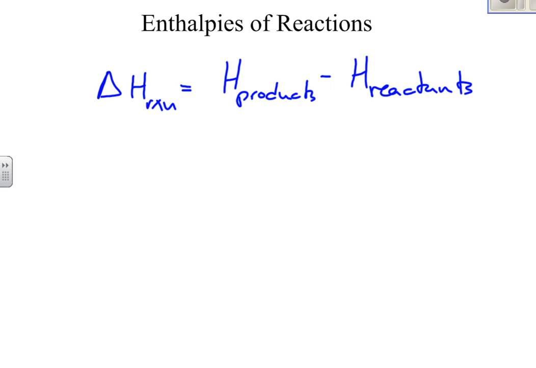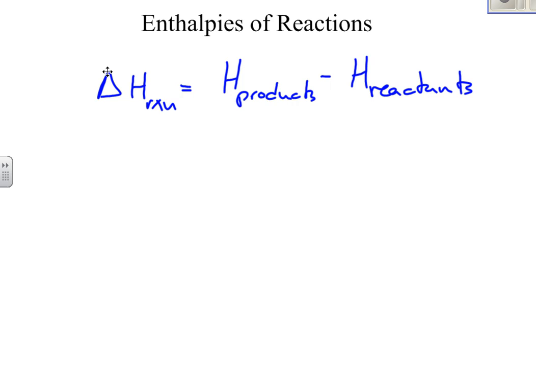Now, enthalpy is a state function, so it doesn't matter how you got to that particular situation, the enthalpy is given a certain value. It's also one where we do not have an absolute enthalpy. So we're always looking at the relative enthalpy. Did it increase? Did it decrease?